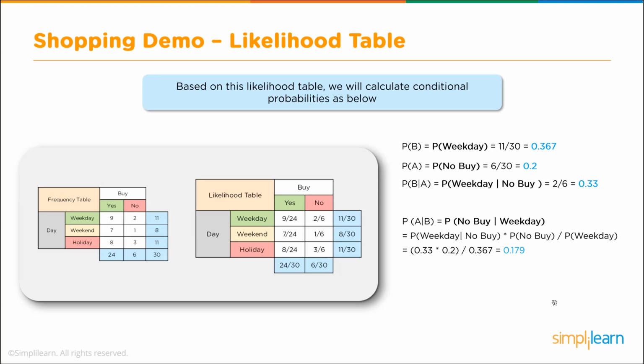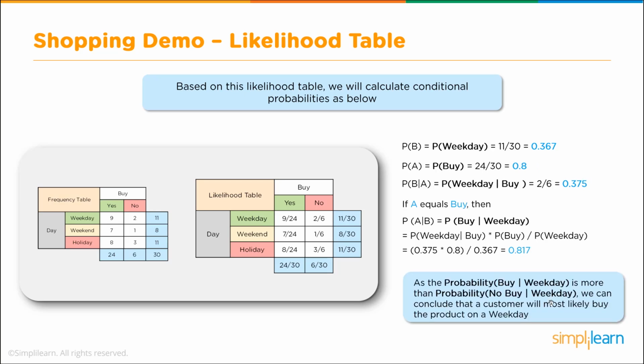And that'd be the probability of no purchase done on the weekday. And this is important because we can look at this and say, as the probability of buying on the weekday is more than the probability of not buying on the weekday, we can conclude that customers will most likely buy the product on a weekday.